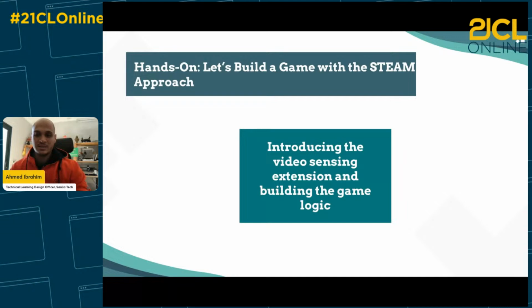The second phase can be introducing the video sensing extension and building the game logic. The video sensing extension is the tool that allows us to use our computer camera or the webcam to recognize body movements and gestures to control the game, as we saw earlier in the game demo.